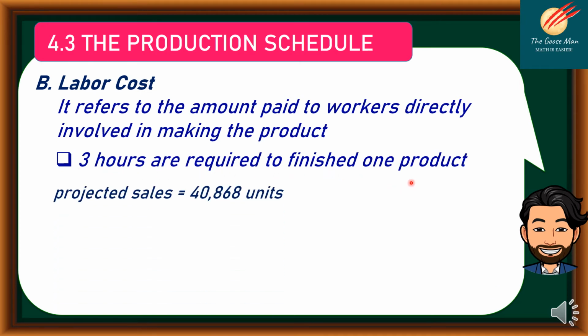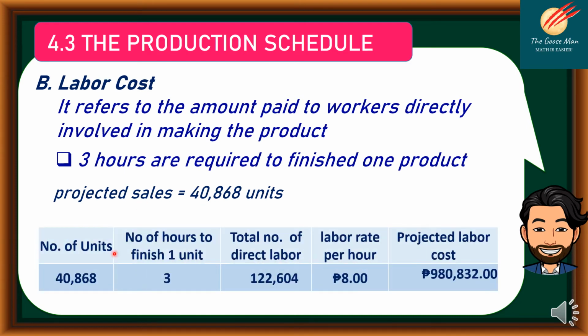Since from our projected sales, we have 40,868 units. Now to determine the total cost, we have number of units of 40,868. Take note the number of hours to finish one unit is equal to 3. So simply multiply 40,868 times 3.